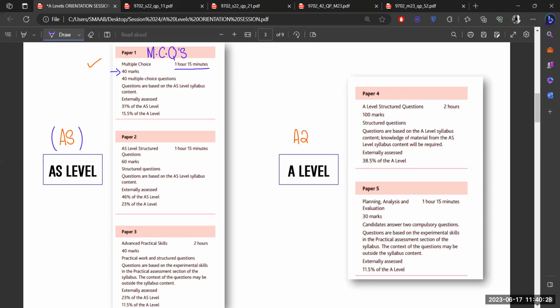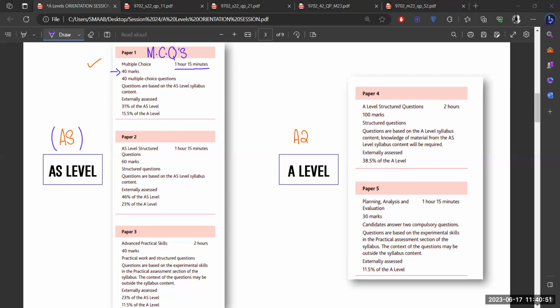They don't consider your working, or the process you follow before tick marking the right answer. So that's why this is the trickiest paper in your entire A levels. So this is your first paper, that is paper one, which is of 40 marks.